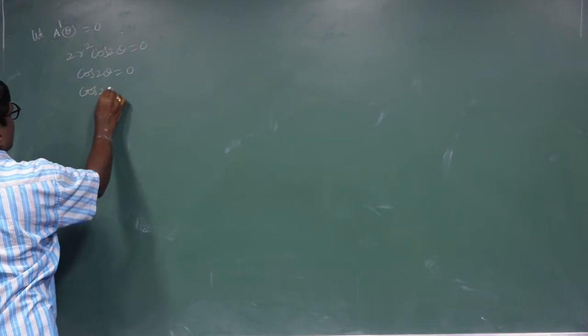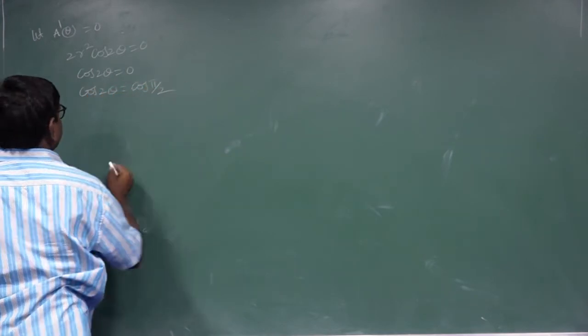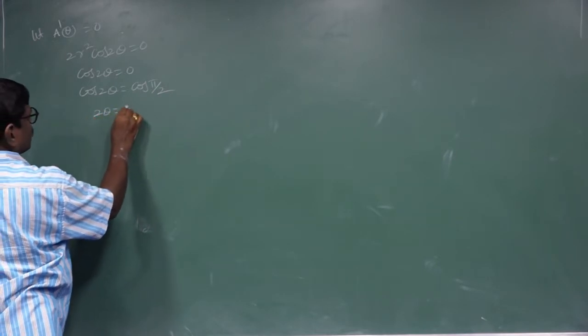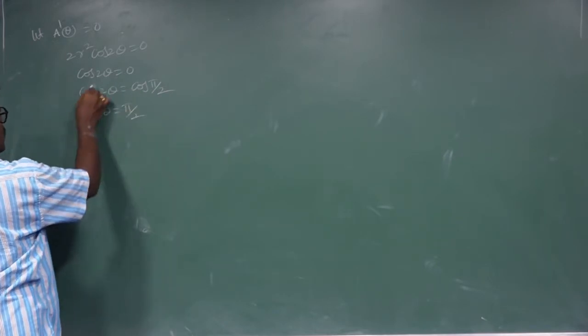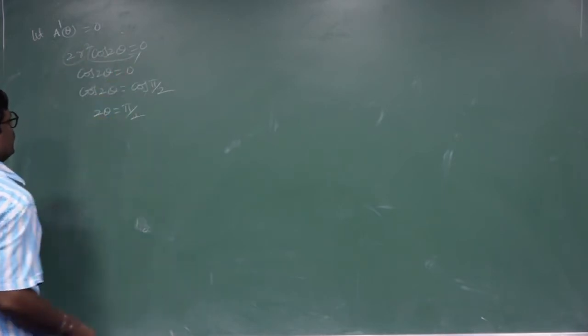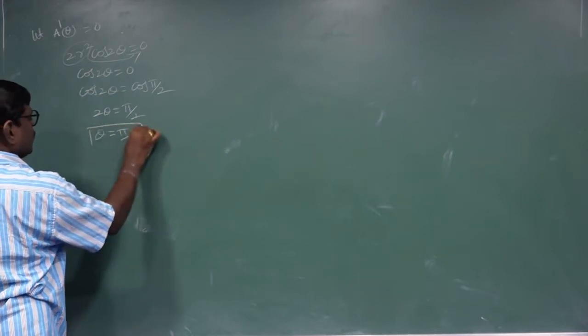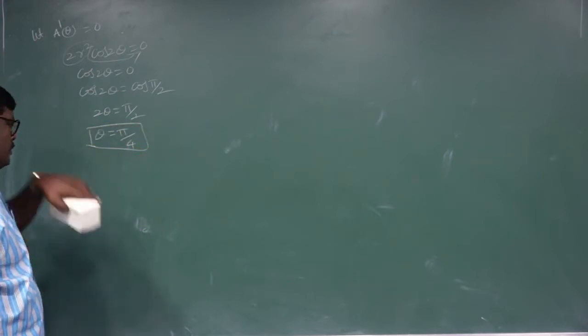Cos 2 theta equals cos of pi by 2, so 2 theta equals pi by 2, cos cancels. Therefore theta equals pi by 4.